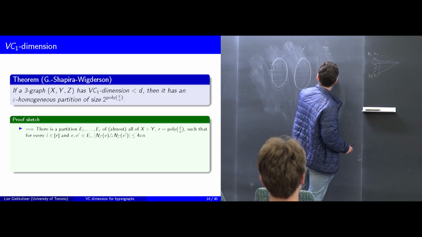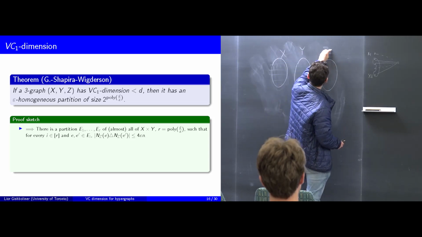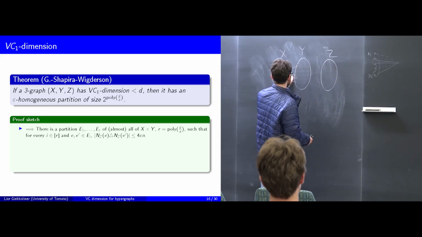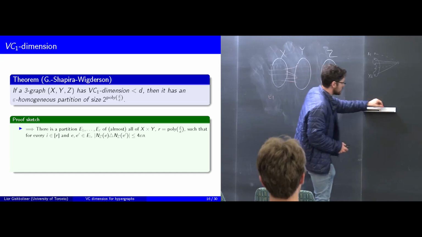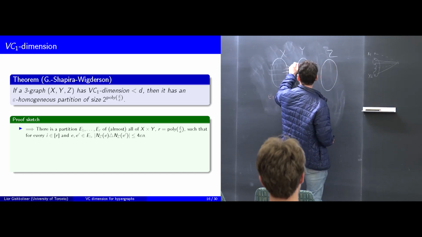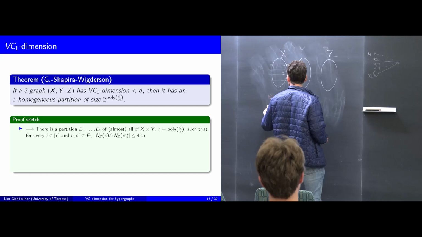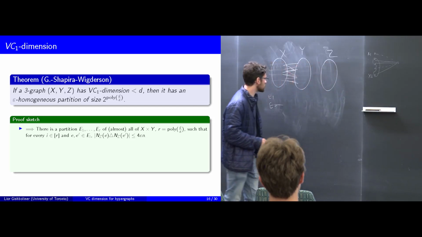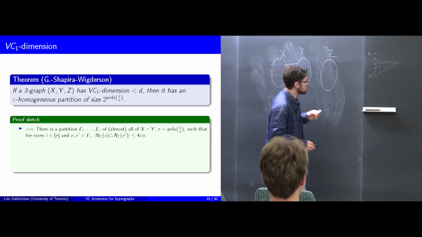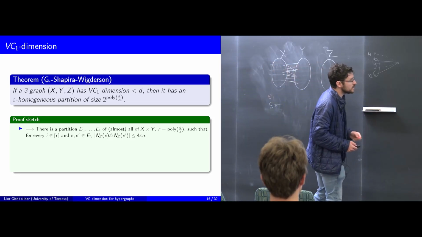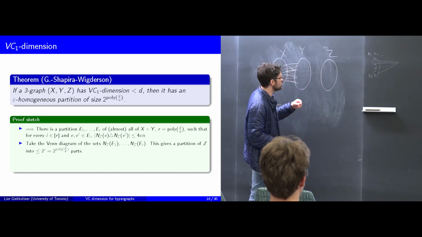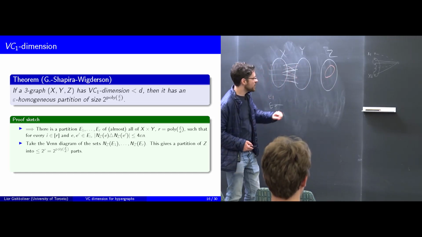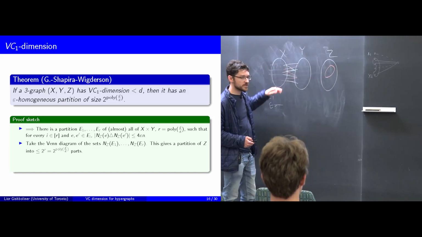All right, so the picture is that maybe color red is E1 and color green is E2, and so on. So I color these edges with R colors. And each of these sets Ei has its neighborhood inside Z, right? So there is the set of vertices that make an edge with the pairs in Ei.